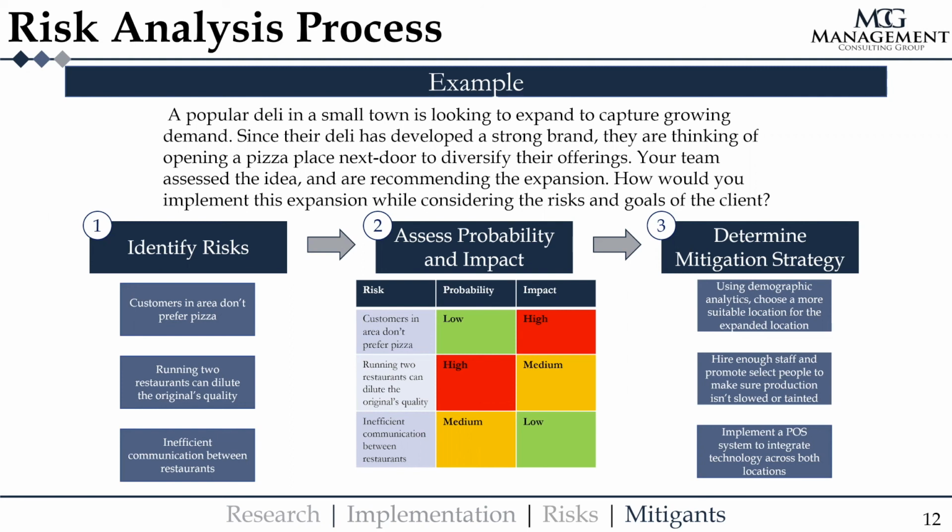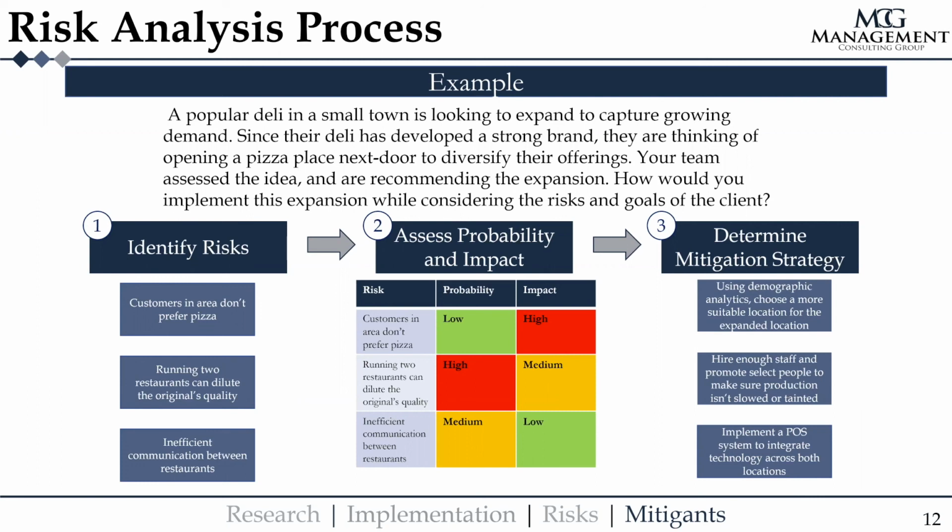For the second risk, running two restaurants could dilute the original's quality, hiring more staff and making sure the product isn't being slowed down would be a good way to mitigate this risk. And finally, for inefficient communication between restaurants, implementing a POS system to integrate technology across both locations would help ensure good communication between the two restaurants.